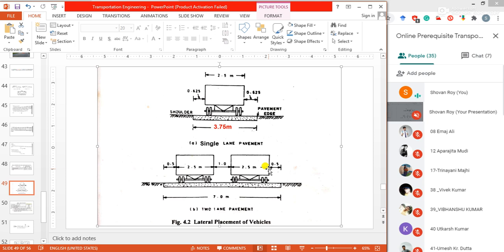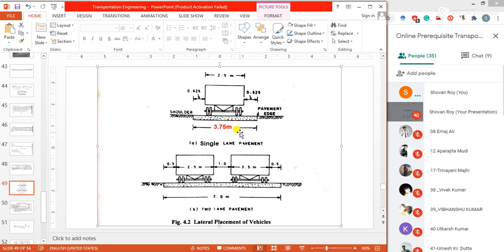If a divider is not provided, then the Fuljo to government college road can be said to be a two-lane pavement. But with a divider also we can say that is a two-lane road. No problem.